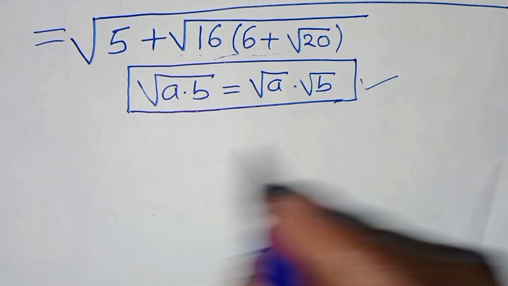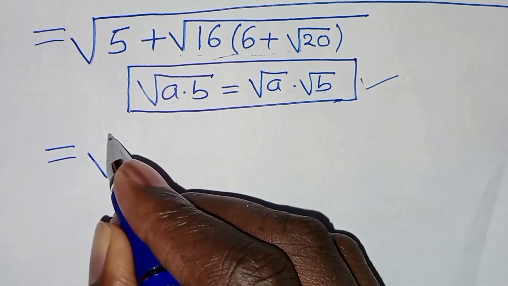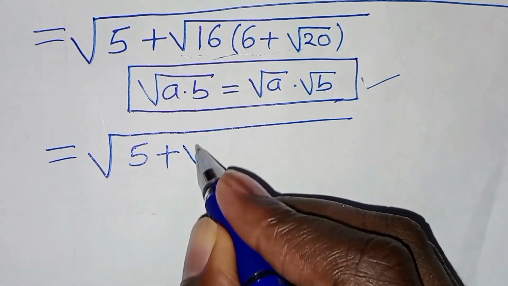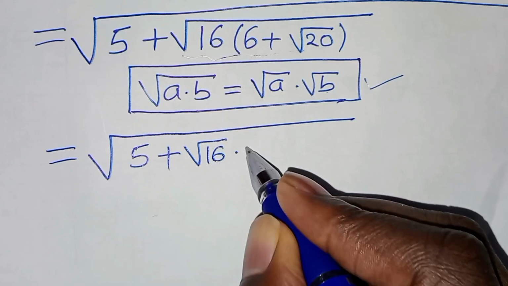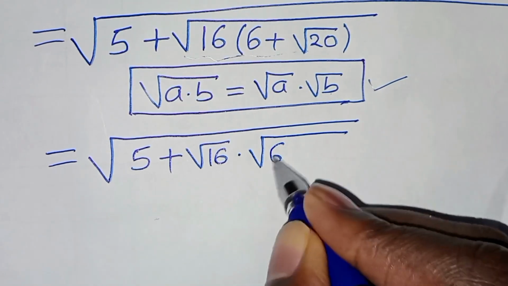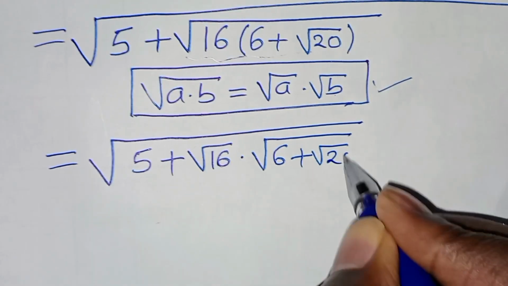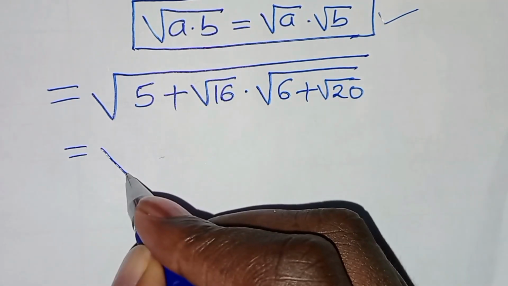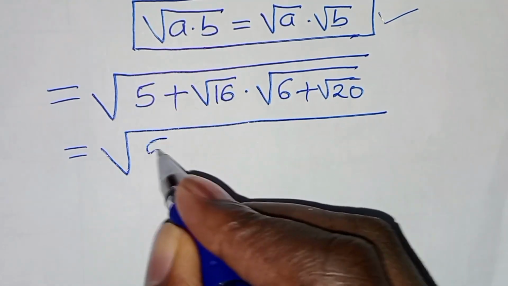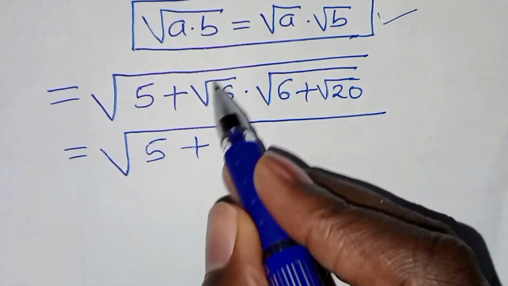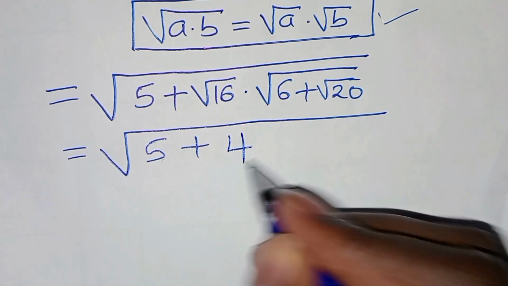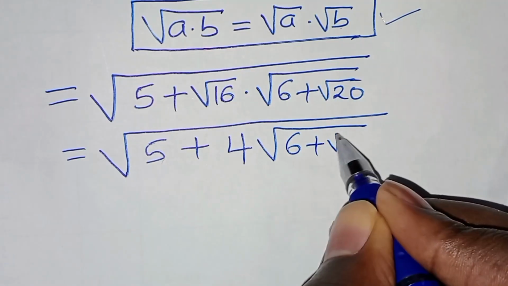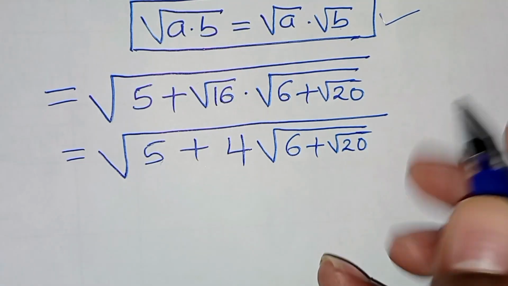Applying this property, then here we have square root of 5 plus square root of 16 multiplied by square root of 6 plus square root of 20. So this is the same thing as square root of 5 plus square root of 16, which is equal to 4, multiplied by square root of 6 plus square root of 20.